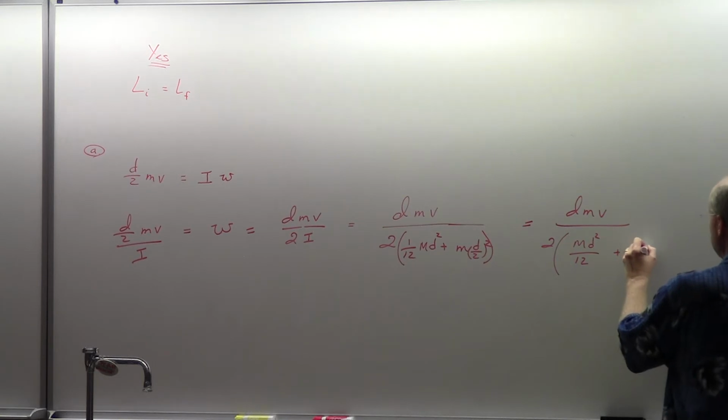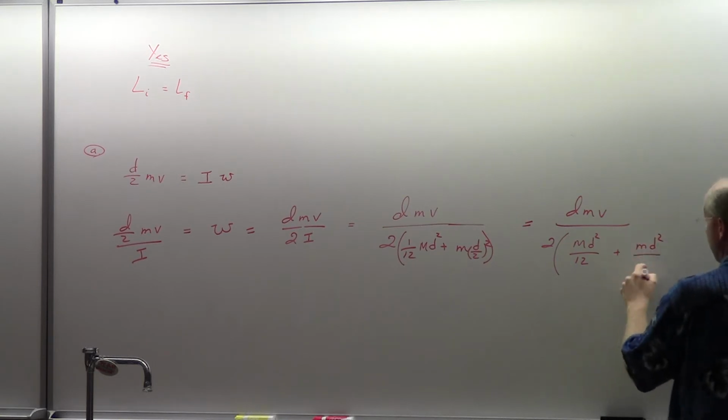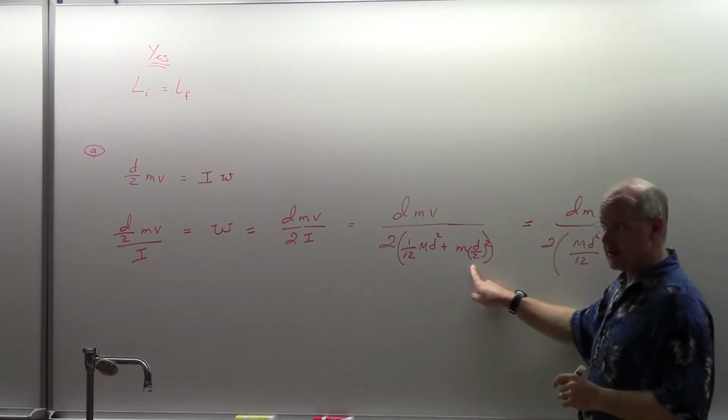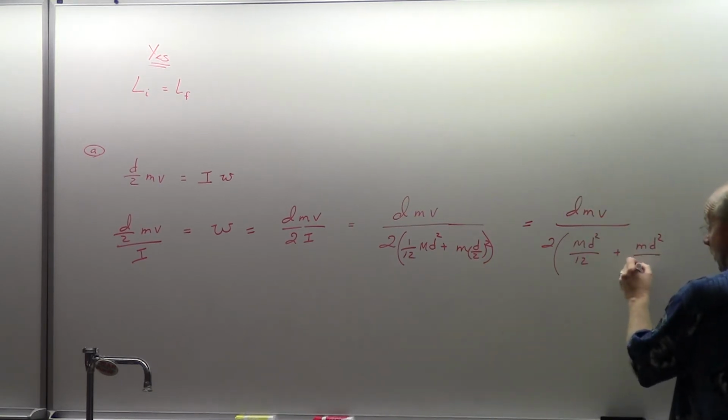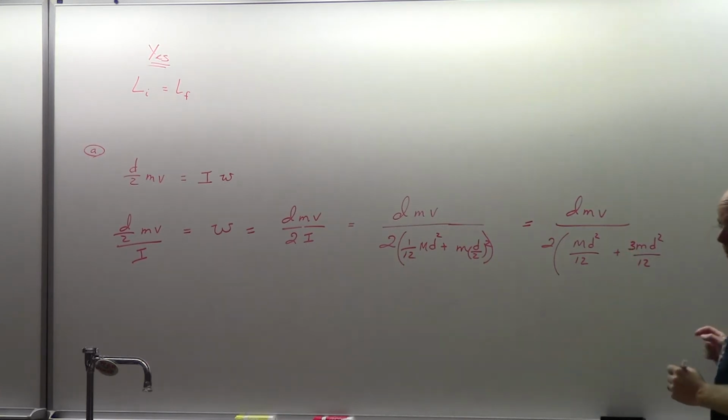The next one is an md squared. Now it's over 4, isn't it? But would it be okay if instead of putting a 4, I multiply it top and bottom by 3, so I get a common denominator? So it's 3/12, that's 1/4.